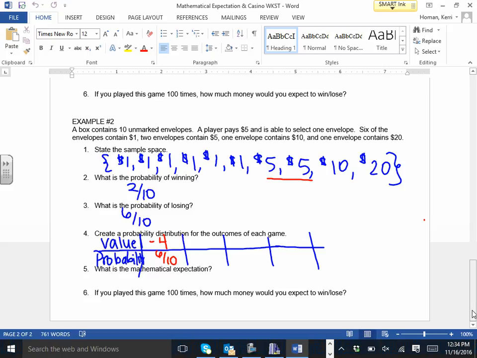We pay $5, we get $1. So we're down 4. It's exciting, we won, but no, we really didn't. Then we have 2 $5 bill envelopes. So there's a probability of 2 out of 10 that we get one of those. And we're walking away with nothing.